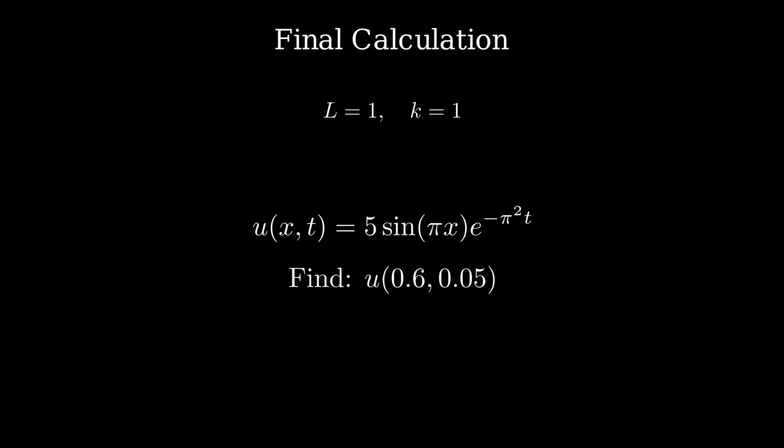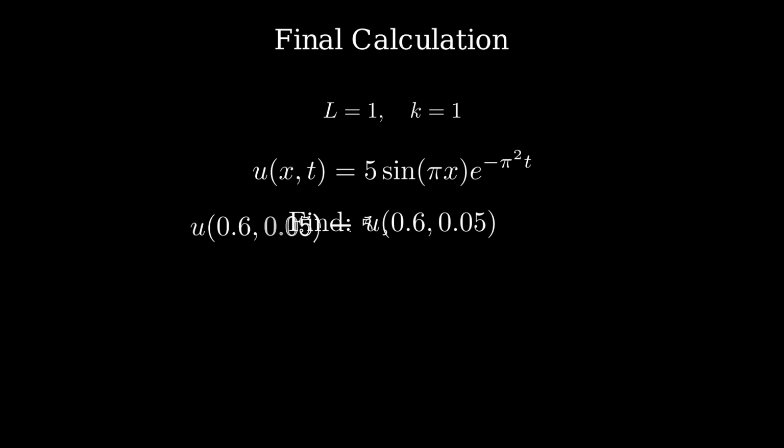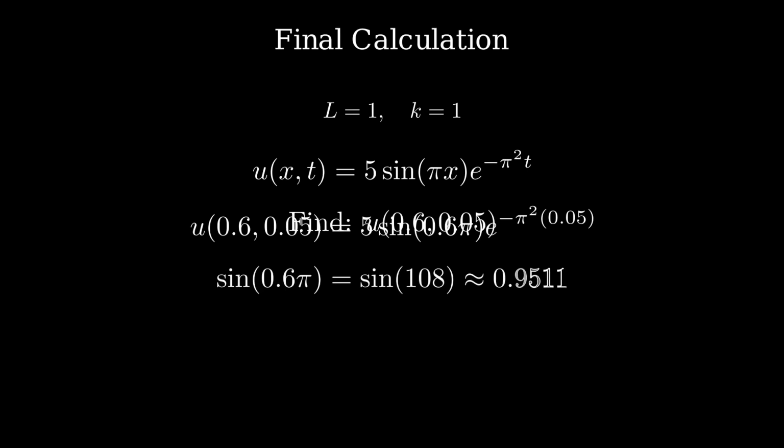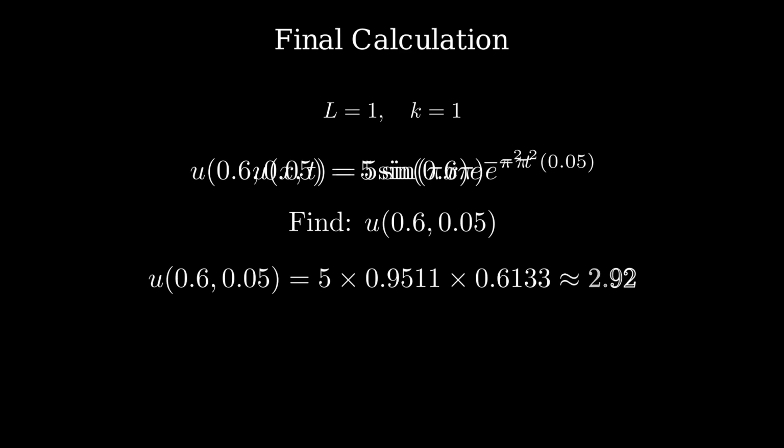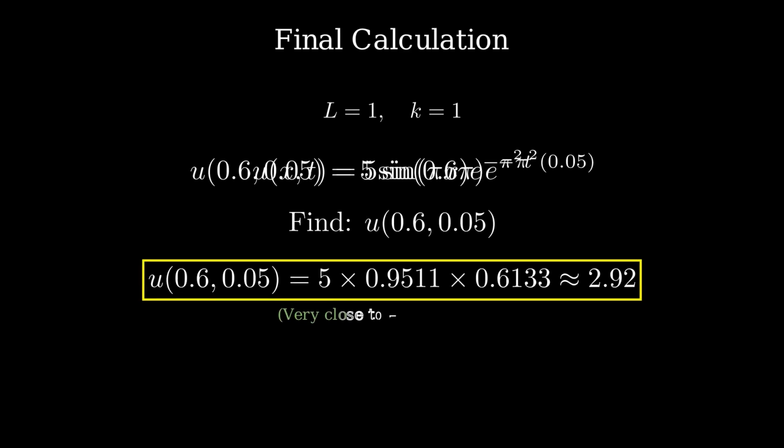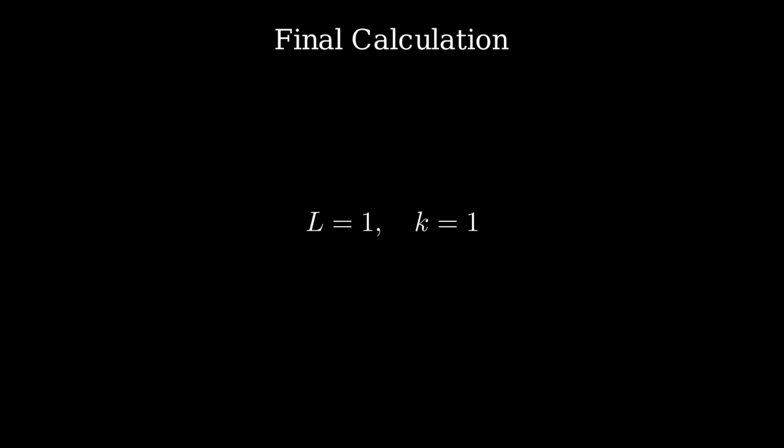First, sine of 0.6 pi equals sine of 108 degrees, which is approximately 0.9511. Next, e to the negative 0.05 pi squared equals e to the negative 0.4935, which is approximately 0.6133.